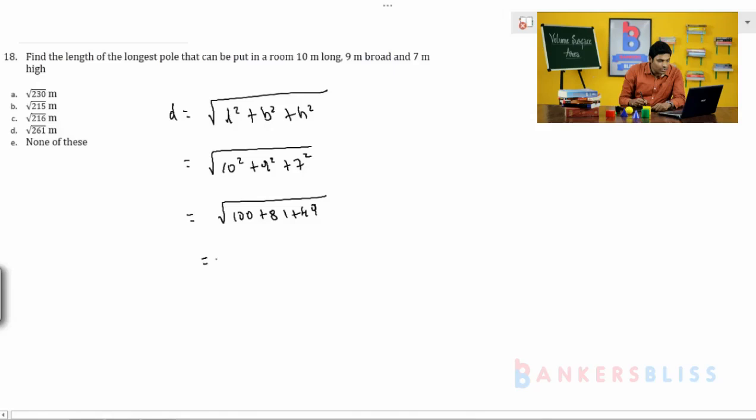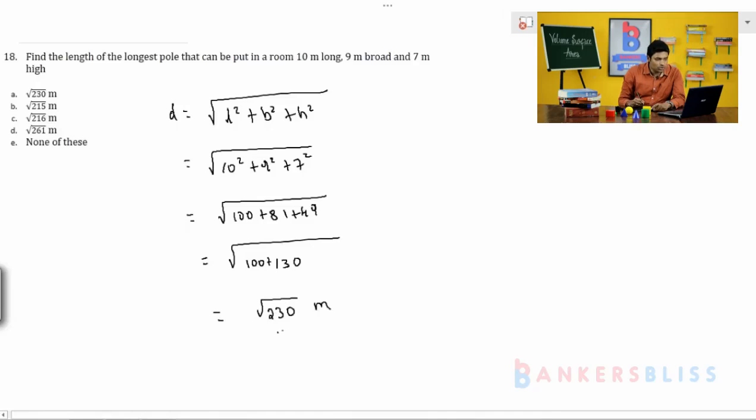See here, 9 plus 1 10, 1 carry over, 8 plus 4 12, 12 plus 1 13. So 100 plus 130, which is equal to root of 230 meters.